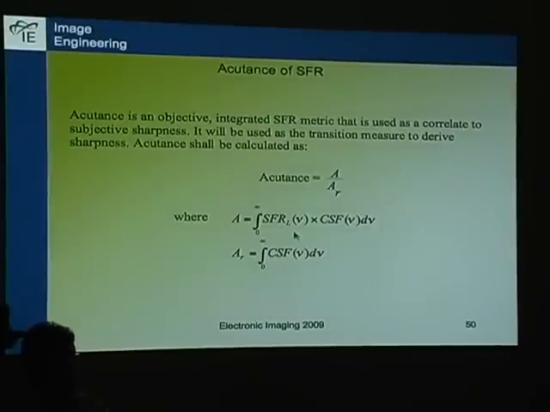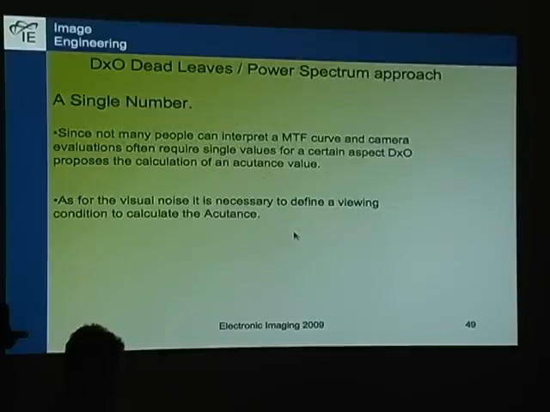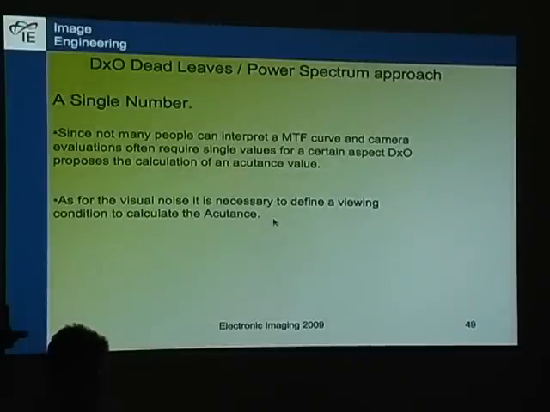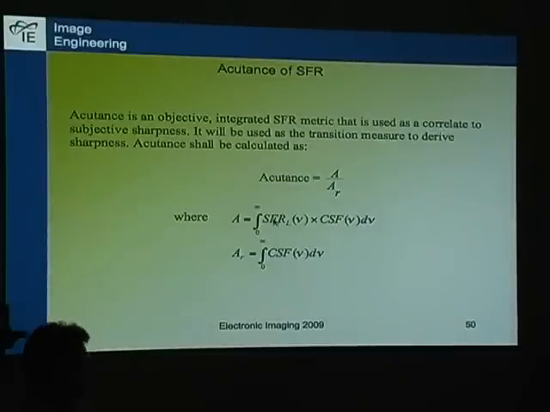So it's the kind of filtering that we do for the visual noise analysis as well. And this leads to a single value. And these guys from DxO applied that to the power spectrum, which is an MTF coming out of the dead leaves target, and wanted to use that acutance number on the images as a measure for the loss of texture.